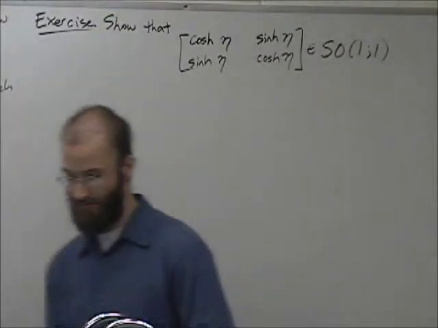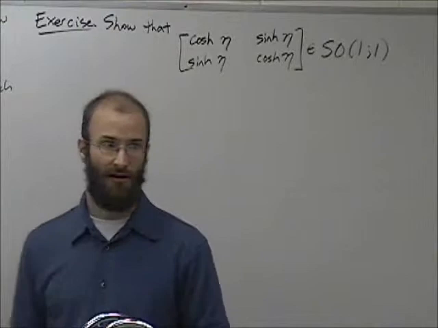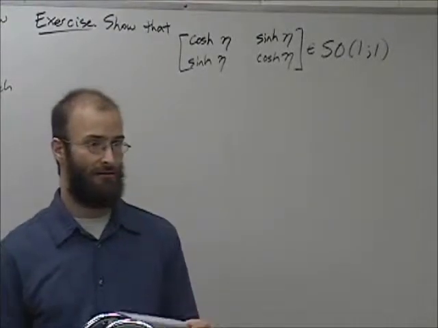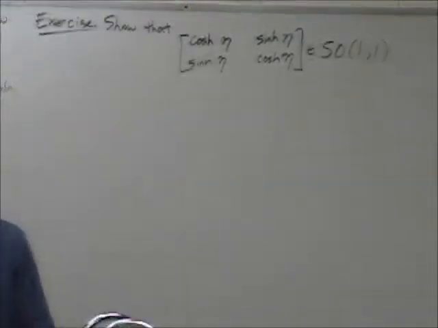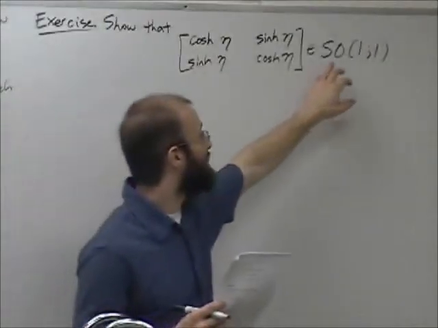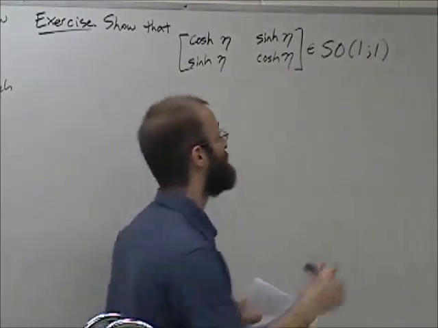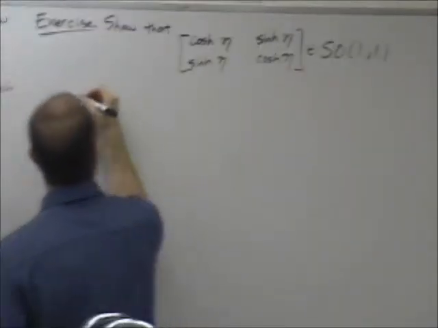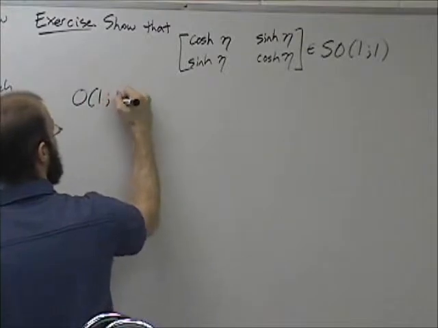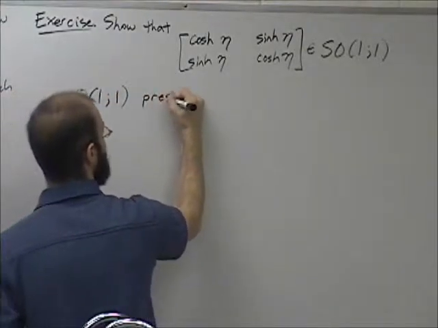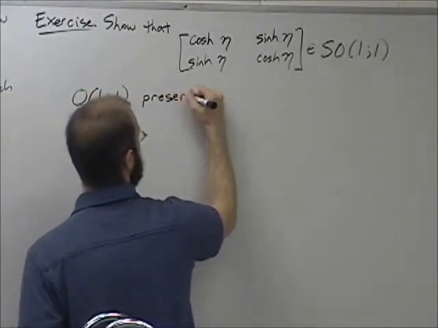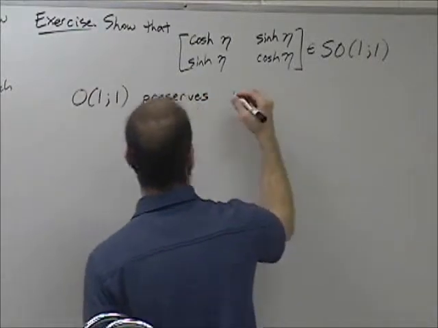Real quick, did I give a closed form, in the same way that I gave SO(3)? I'm not sure I gave you a closed form mathematical encoding. I told you what the generalized orthogonal group meant geometrically. O(1,1) would preserve this metric.